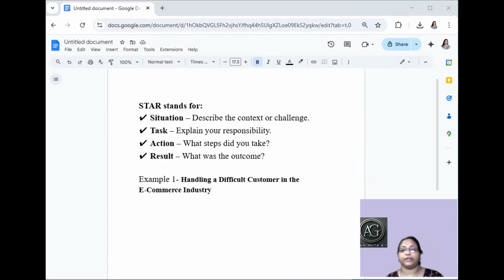So during the festive holiday season, a customer had ordered a high-end gaming laptop, say as a Christmas gift. But due to overwhelming demand and supply chain delays, the delivery was delayed by 5 days. Okay, so this is the situation. The customer was frustrated and demanded an immediate refund.